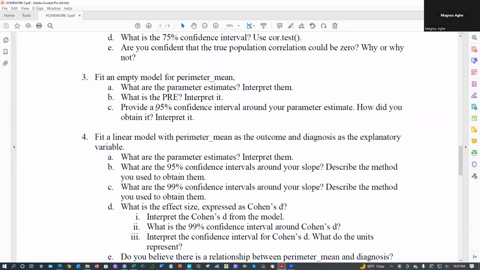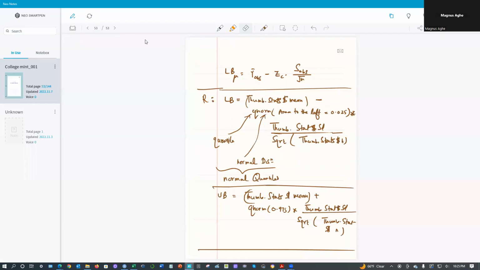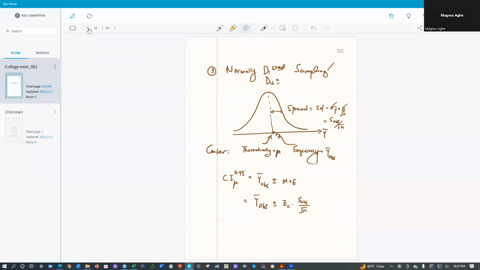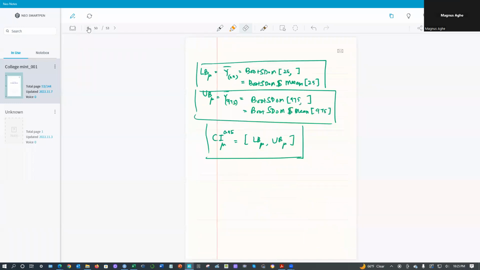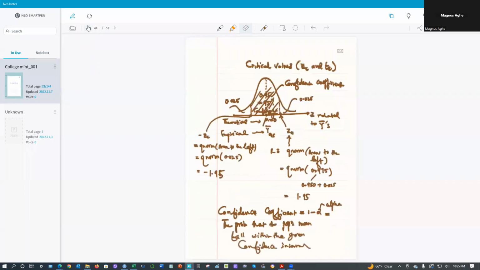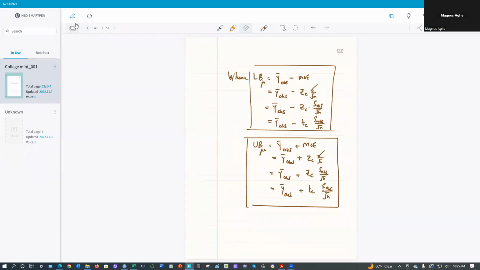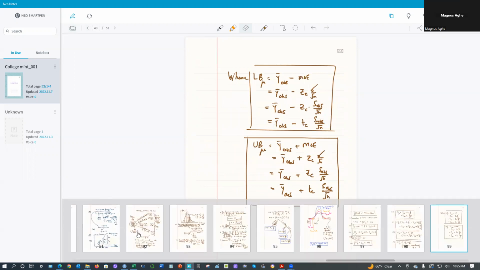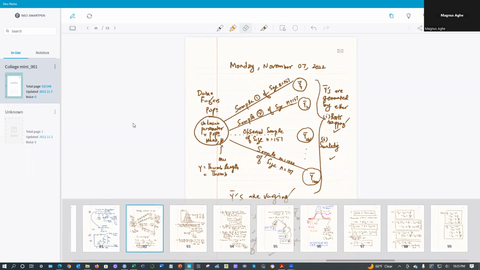For that, we are building up an interval estimate, not the point estimate, around the parameter estimate. That means I'm talking about this population. If I go back a little bit, you can easily catch up.